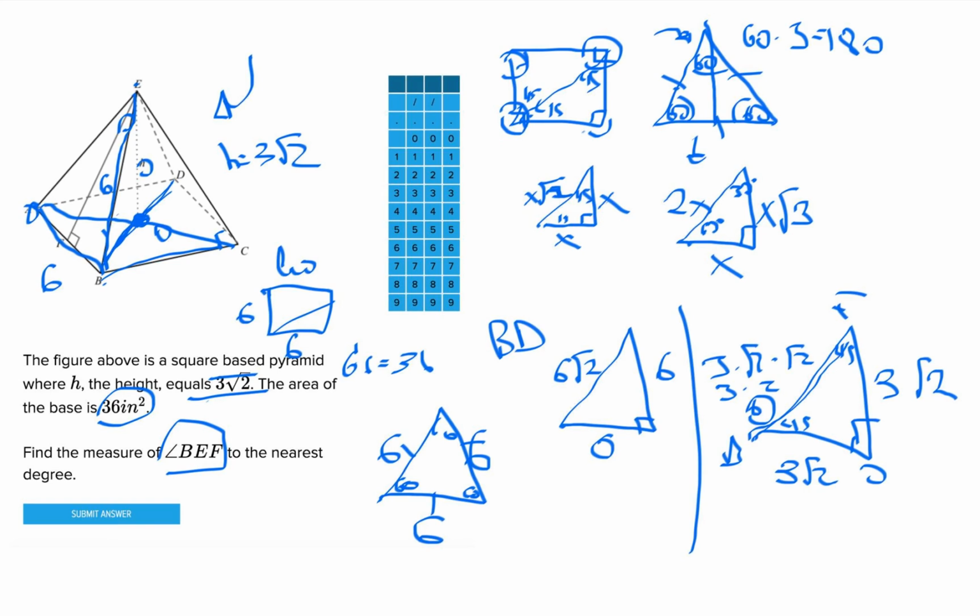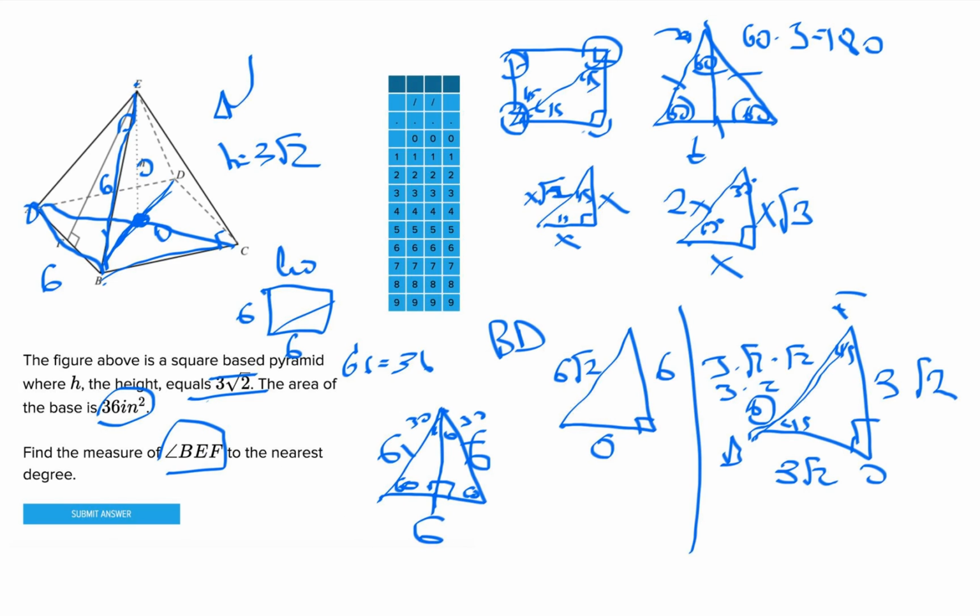We're asked for BEF though, not for BEA or any other of the 60-degree angles. And here we need to know that when we have an equilateral triangle that we divide by half, that's a 30, 60, 90, because we're basically splitting that 60 degrees into 2 angles.